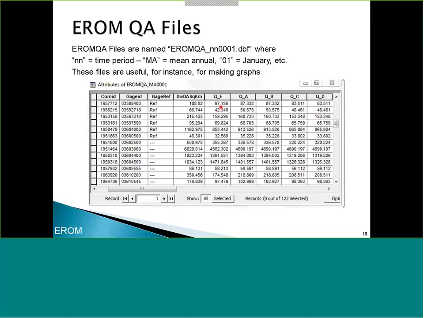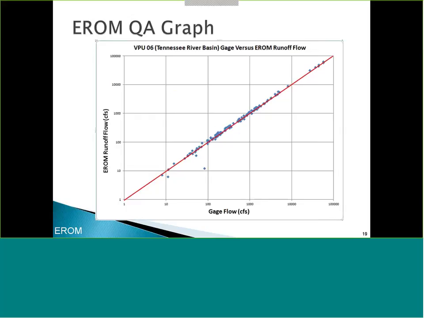So we're always perfect in that sense. You can compare the Q_E to any of these other flows, and mapping them is also sometimes interesting for patterns. It's a DBF, so you can easily import it into Excel or whatever. And I've used it for QA.